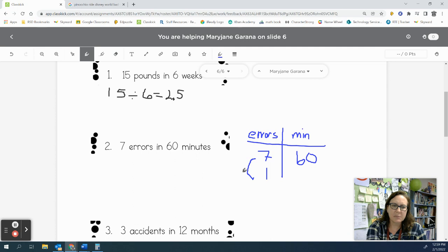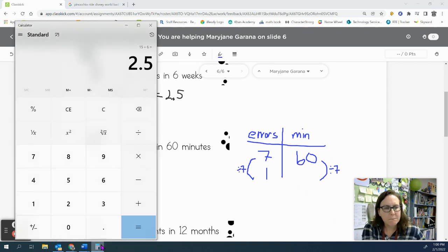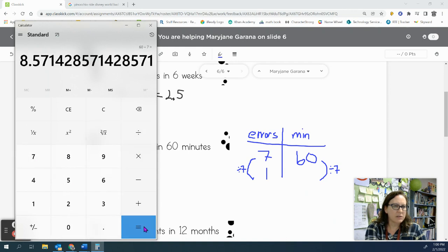So what are we going to divide by? We're going to divide by 7. So 60 divided by 7, that's going to be 8 something. 60 divided by 7 equals, oh my goodness, what a big number.